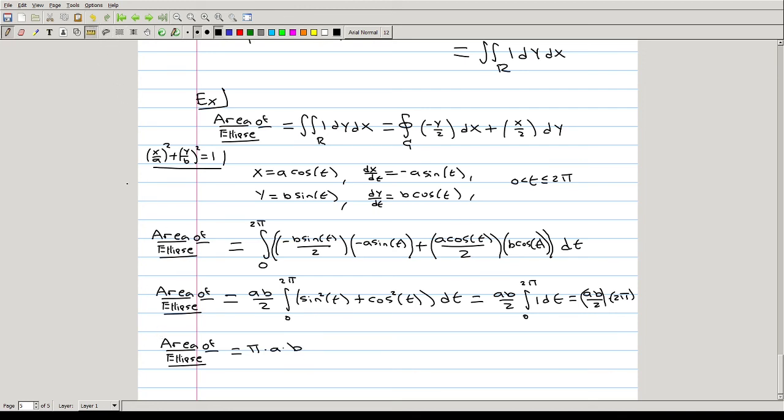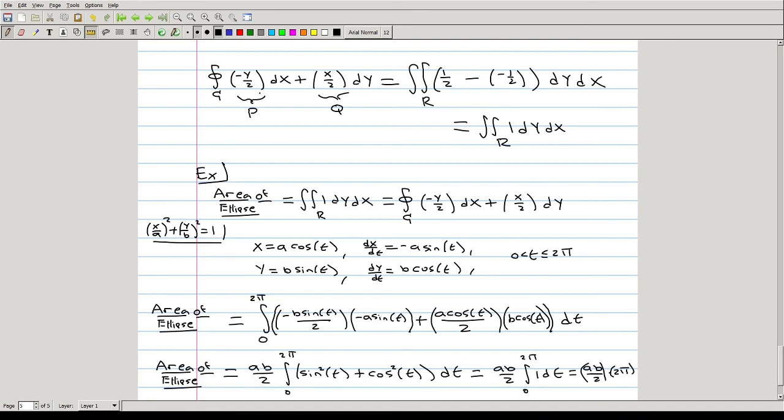But we haven't used any double integral at all to evaluate this. We've just used the fact that for this vector field, so for p equals negative y over 2 and q equals x over 2, by Green's theorem, the closed contour integral over any contour of this vector field is going to be the area of that region.